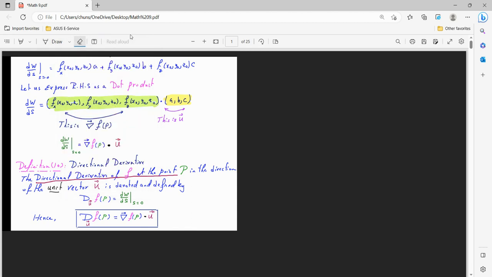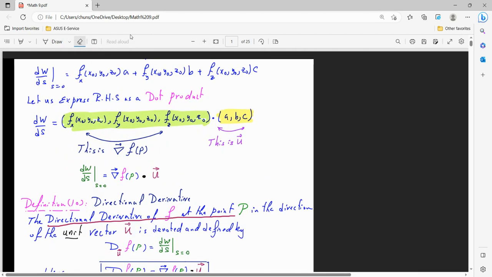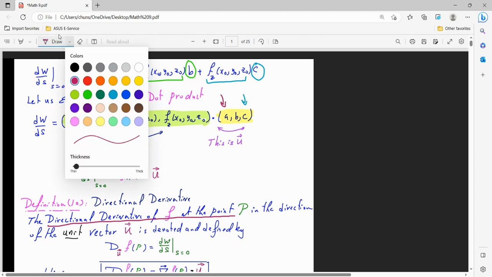So let me just zoom in on this a little bit. This is like saying the partial derivative with respect to x multiplied by some constant, and the partial derivative with respect to y multiplied by another constant, and the partial derivative with respect to z multiplied by another constant, where our a, b, and c values correspond to the coordinates of a unit vector.